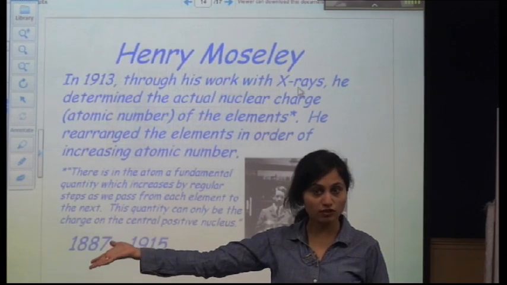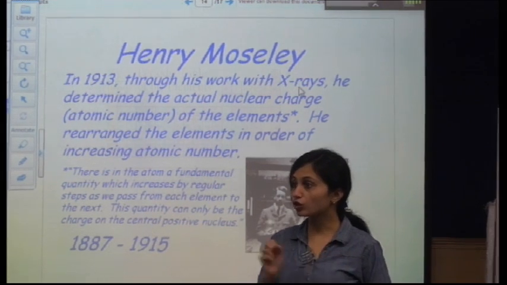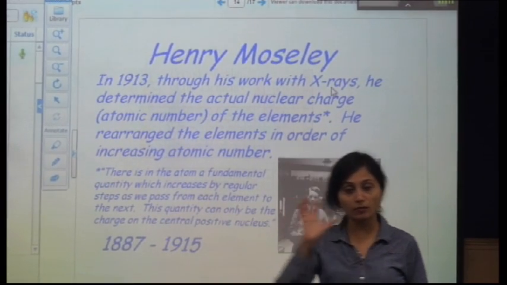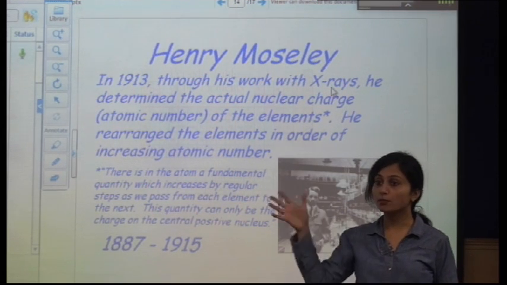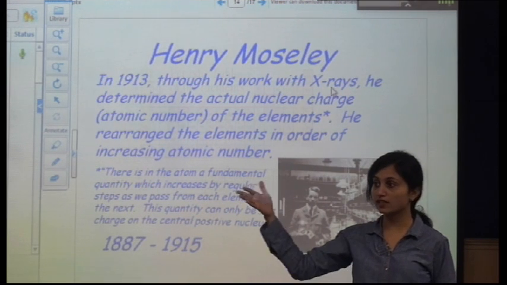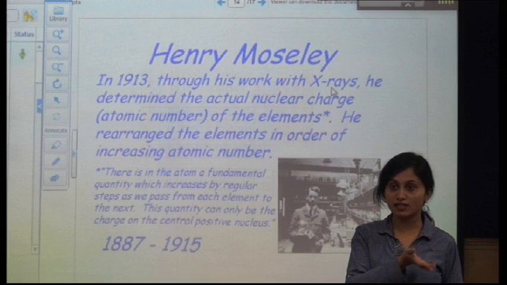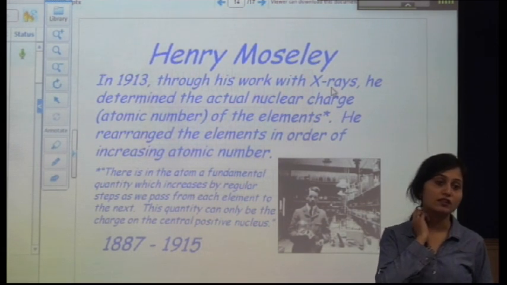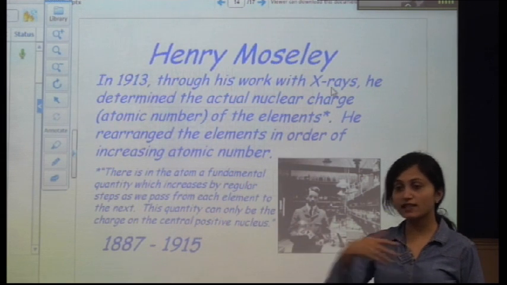You remember the entire electromagnetic spectrum? The moment I say X-ray, I am talking about some frequency or wavelength beyond the visible range. You have cosmic rays, gamma rays, X-rays, UV, visible, IR, and then microwaves and radio waves. All these regions have a particular wavelength.